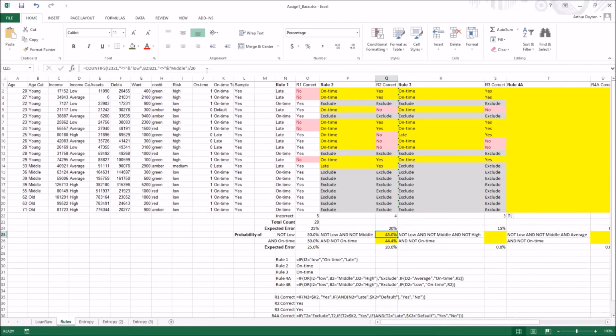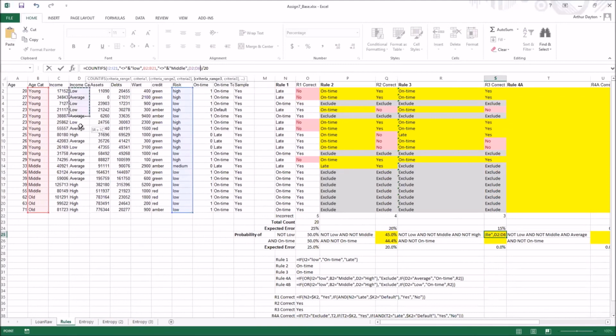If we wanted to calculate this utilizing the probability approach, we can just copy paste our last calculation, and add in that income is not equal to high here. So we'll just highlight that, and then not equal to high.